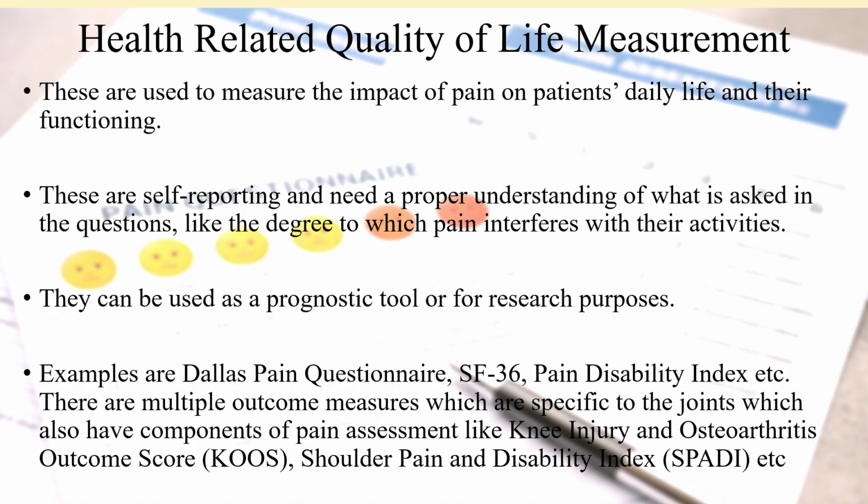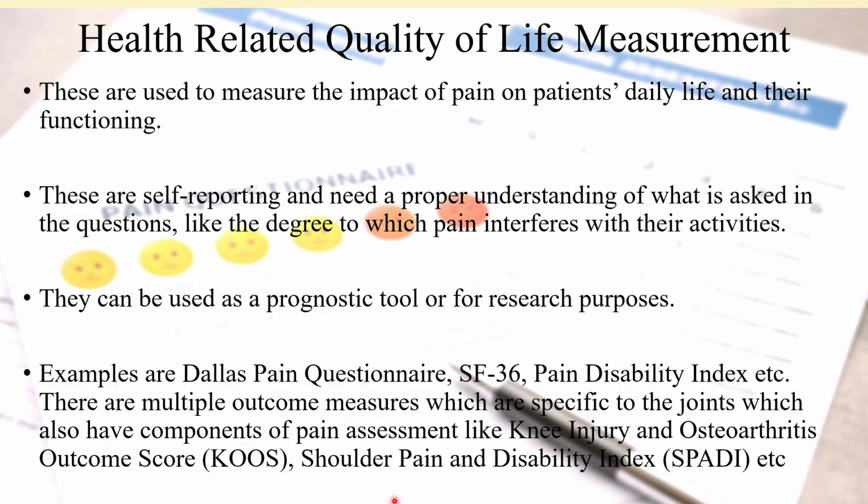In the previous slides, we dealt with ways of measuring the intensity of pain, and certain questionnaires that talk about the character of pain the person is undergoing. But we know that pain in itself limits the person's smooth functioning, so there is some issue in the person's quality of life because he or she is in pain.